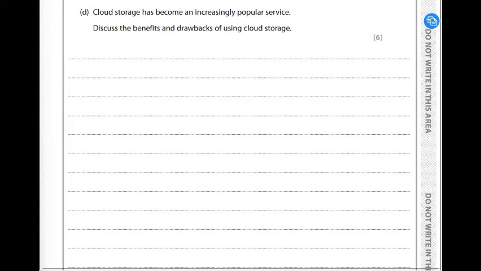To get the full Monty, you need a comprehensive knowledge and understanding by selecting relevant knowledge and understanding of key concepts of computer science to support the discussion being presented. And the discussion will have to be well developed with a sustained line of reasoning which is clear, coherent, and logically structured. So that looks like a tall order when you look at it at first.